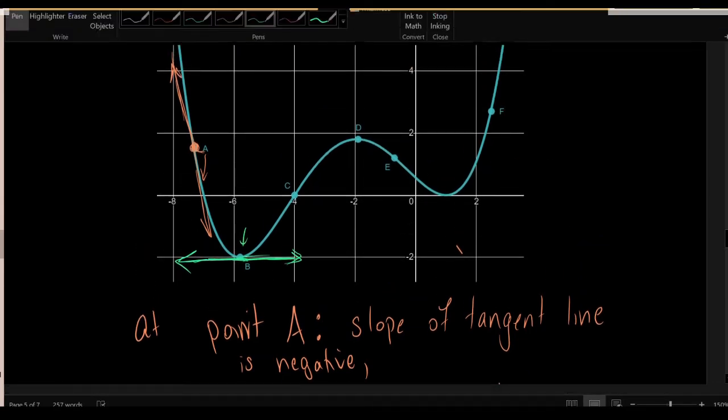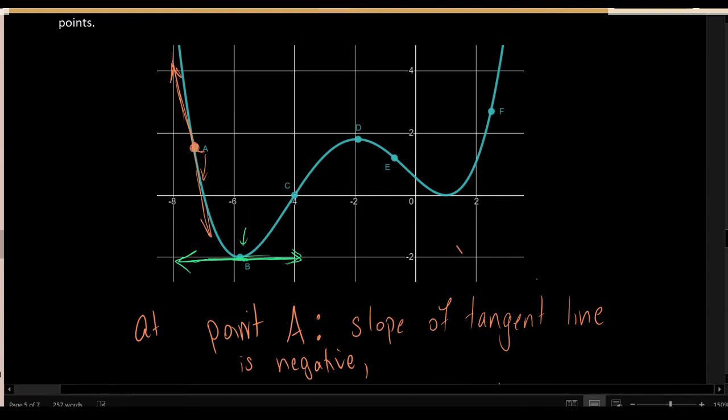At the point C, if we sketch in a tangent line at C, this time this tangent line is pointing in the upward direction. If you increase x a little bit, y will increase as well.